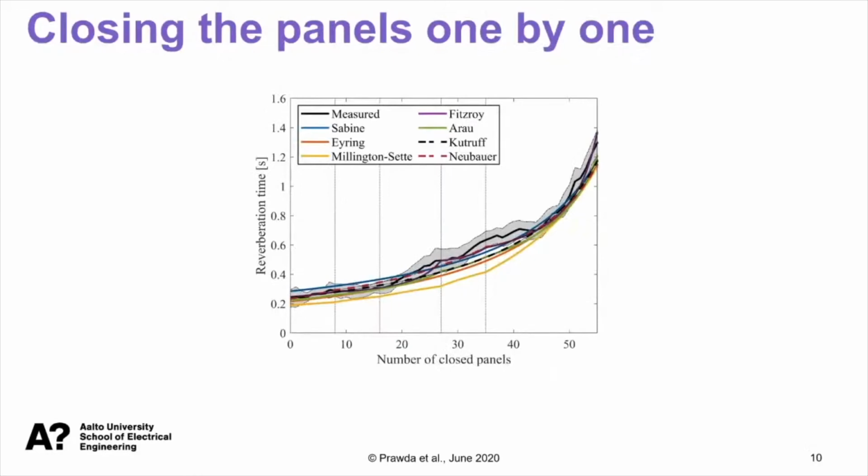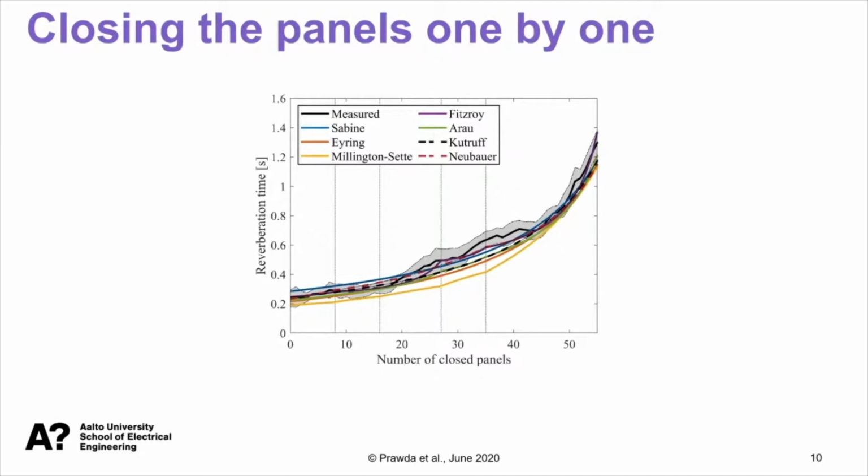So having the measured values and also the ones calculated by the models that were presented before, we wanted to compare the results. And what we did was we calculated the reverberation times for 6 frequency octave bands.